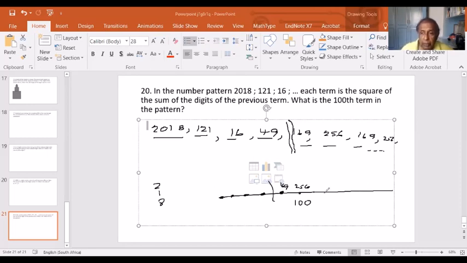So we need to know what term we are looking for here. 4 terms have been taken out, so the remaining sequence has got 96 terms. Now amongst these 96 terms, I want to find the last term, which is the 96th term.